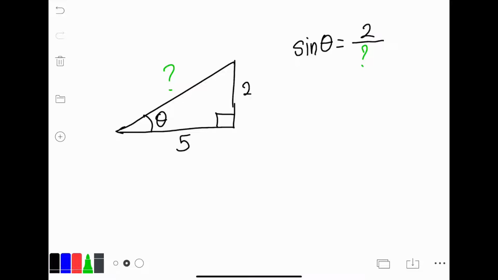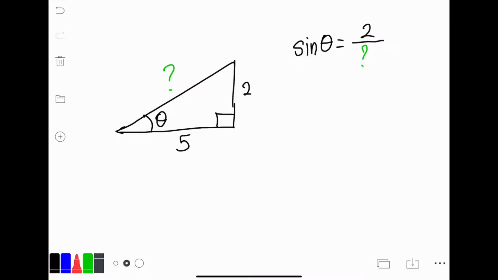Now, it may seem scary, but we actually have enough information to find out what the hypotenuse actually is. So, if you have a right triangle and you know two of its sides, you can find its third side with the Pythagoras theorem.